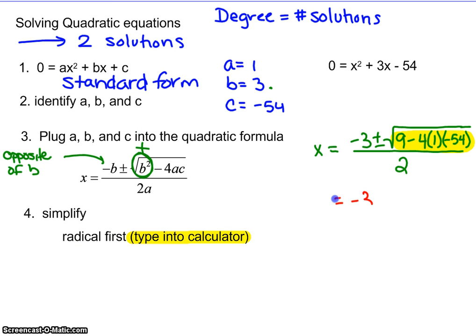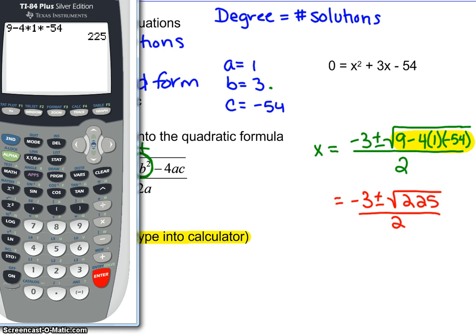I'm going to take this next step and just rewrite it. I'm going to take multiple steps here, not try to do everything at once. Then I'm going to look at 225. Is it a perfect square? If it is a perfect square, we'll replace it. If not, we'll simplify it. So it is a perfect square. It's 15.